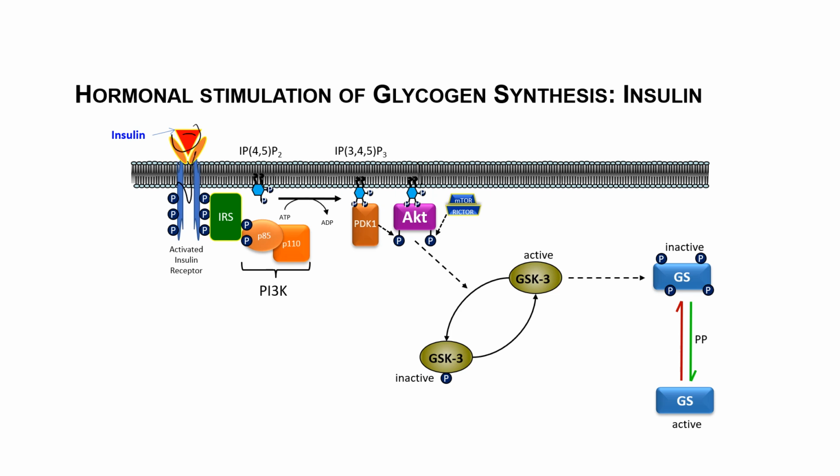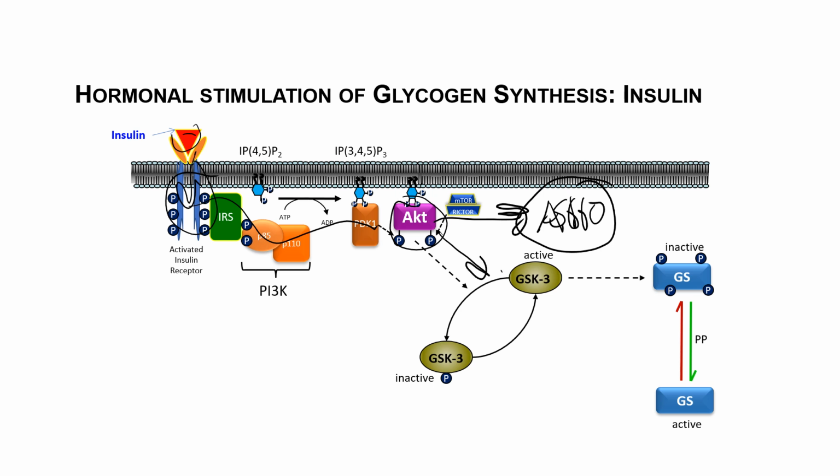Here's insulin binding to the insulin receptor. I'm not going to go through the whole pathway again, but you know downstream you get activation of AKT or protein kinase B. What AKT or protein kinase B does is, yes, it phosphorylates AS160, but what AKT or protein kinase B also does is it phosphorylates GSK3 and knocks GSK3 out.